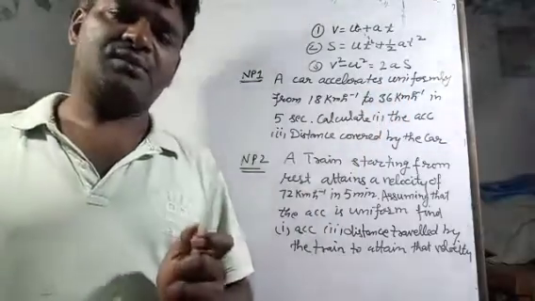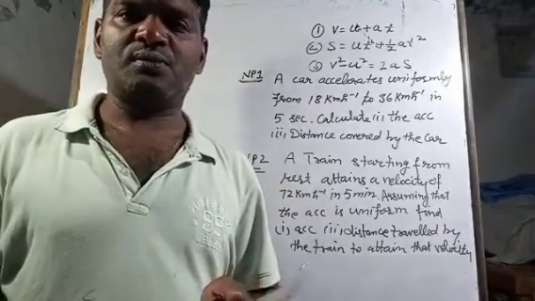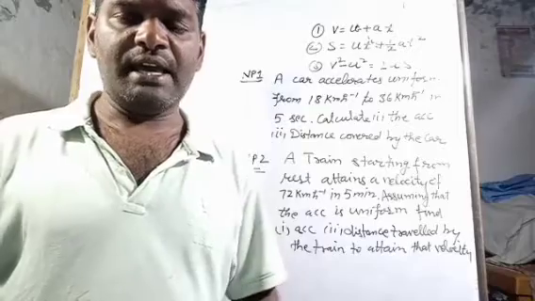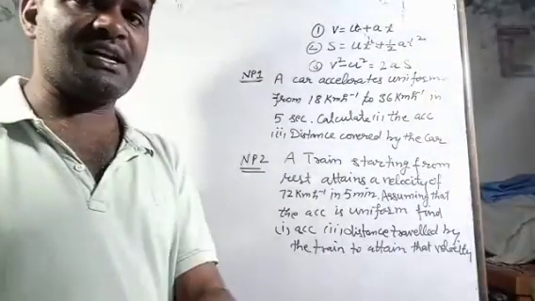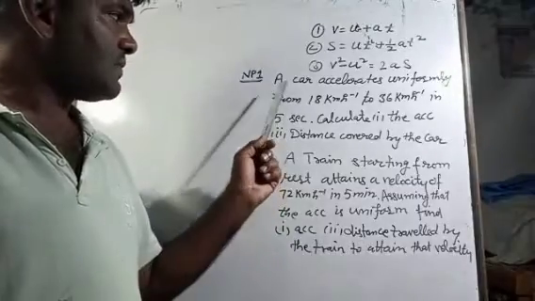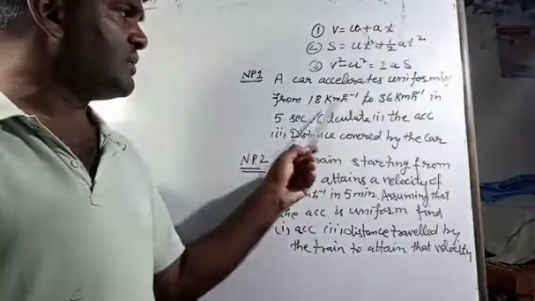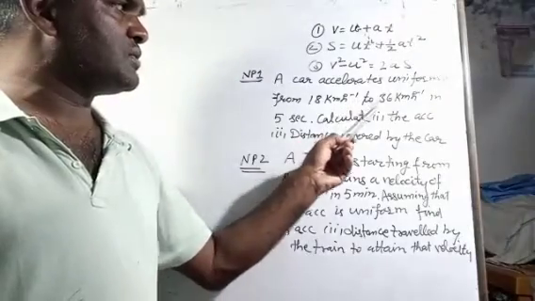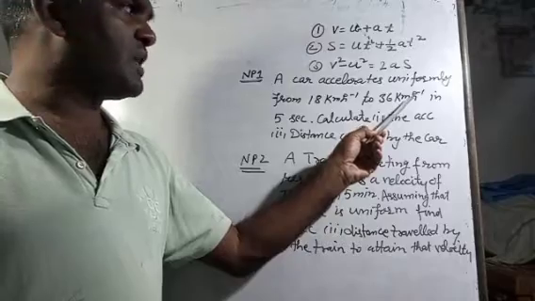Using these three equations, today we shall learn how to solve numerical problems. I have written two numerical statements here. First numerical is like that: a car accelerates uniformly from 18 km per hour to 36 km per hour in 5 seconds. Please note down these 2 points.